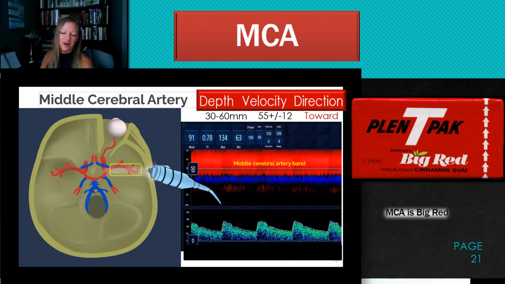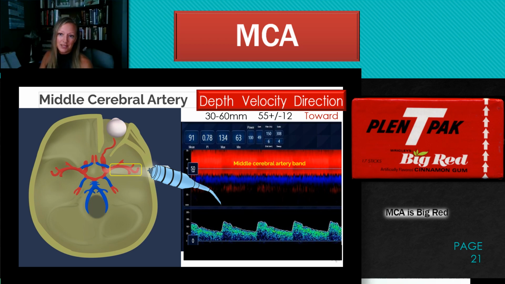The middle cerebral artery is mostly identified when you see that large, broad range of red within the M mode. I can't help but think of big red gum from when I was a kid when I try to describe the middle cerebral artery.